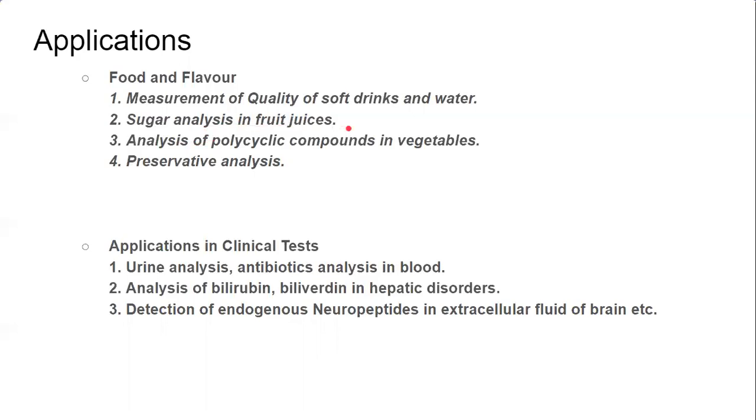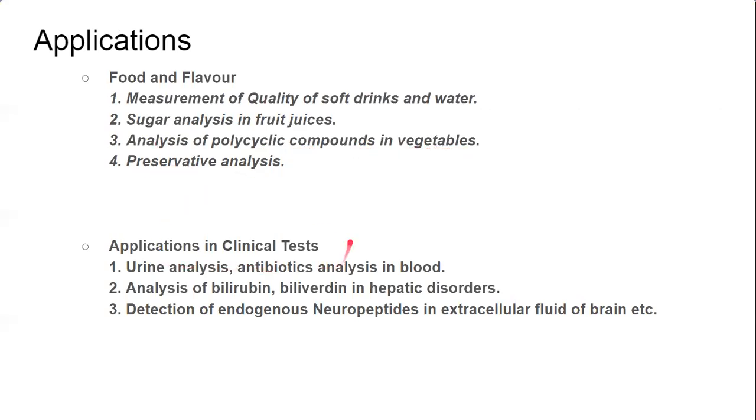Then sugar analysis in fruit juice: while packing, they analyze the sugar content, because sugar is susceptible to microbial deterioration. Analysis of polycyclic compounds present in vegetables and preservative analysis.